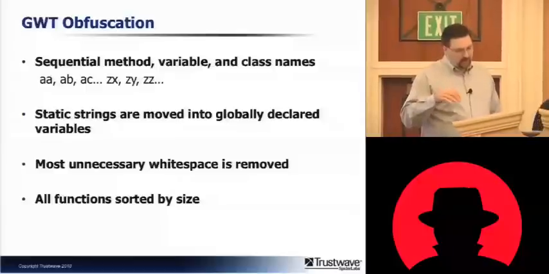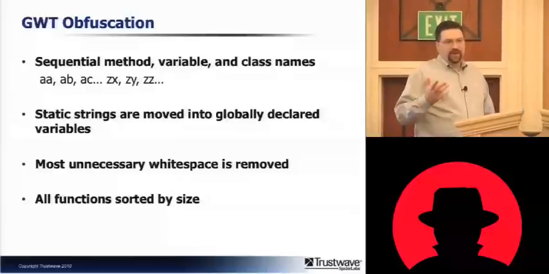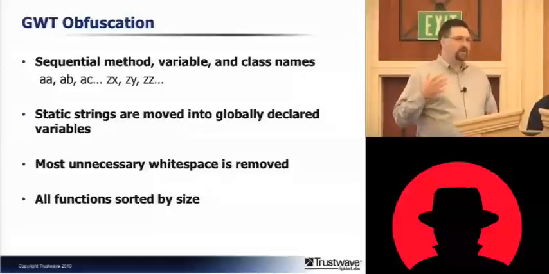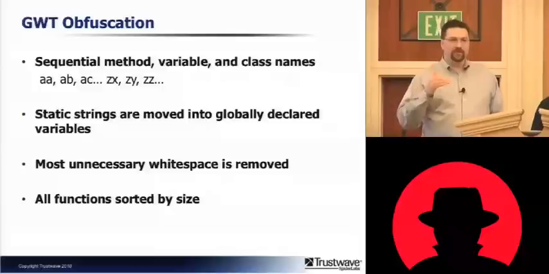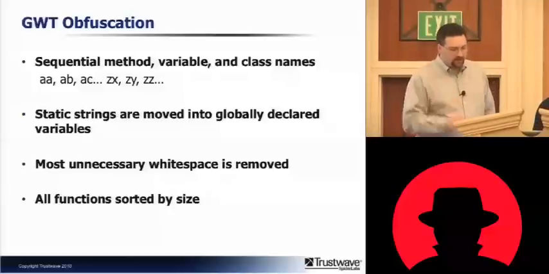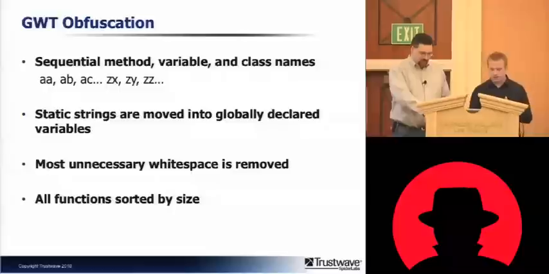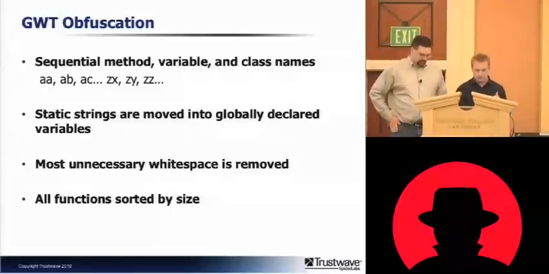And then the final step, which when I first started looking at this, I thought was just sort of a final screw you at anyone trying to decipher it, is that the functions are all sorted within the page by size. You know, if you're paying close attention, you may have noticed that the last step is solely used for obfuscation.